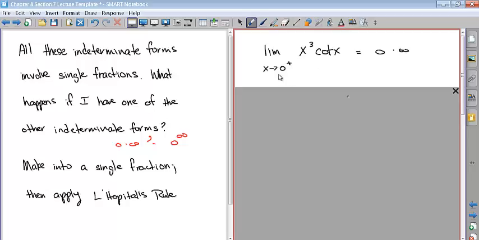So at 0, you've got a vertical asymptote. And obviously, if I put in 0 into the cotangent, I get infinity. And if I put in 0 for x, I get 0. 0 cubed is 0.